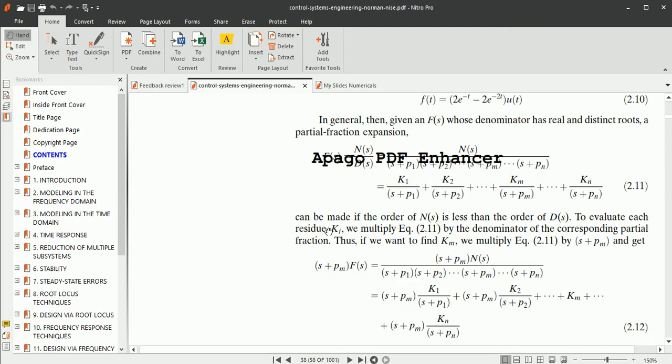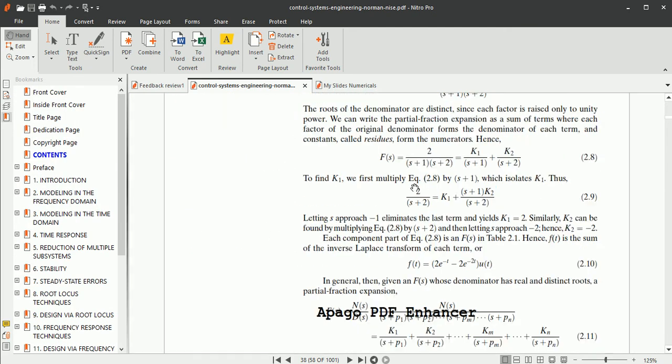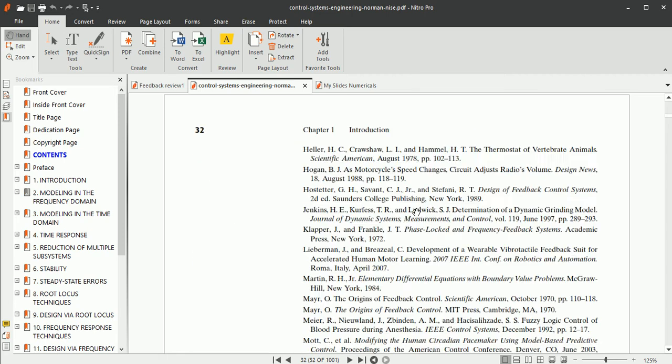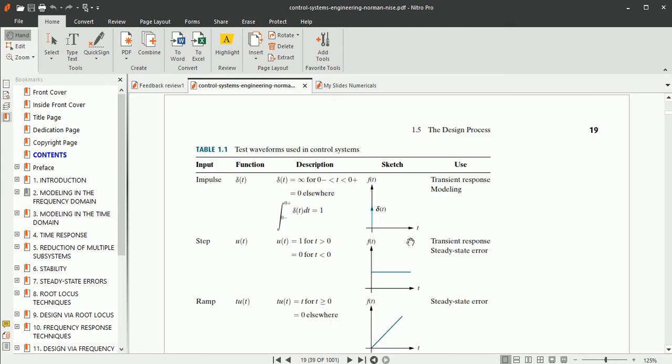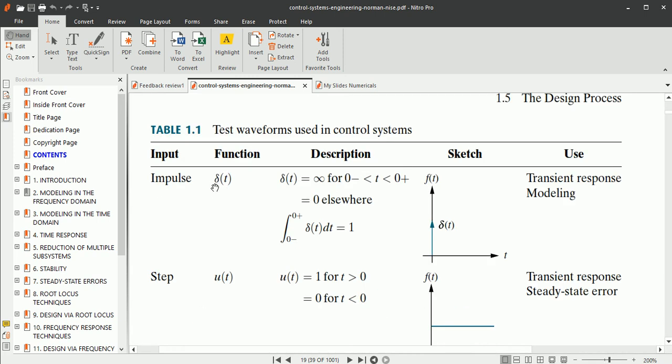Let me again explain some inputs we use in control systems, like in the previous lecture. Now these are the inputs. What is impulse input? It's like a punch. You have very large magnitude for a very small period of time, and its Laplace will be 1.